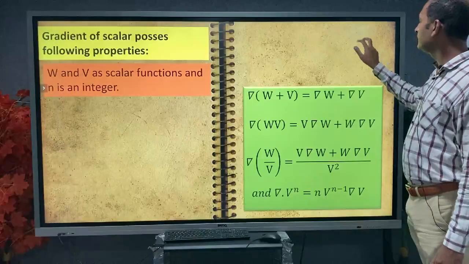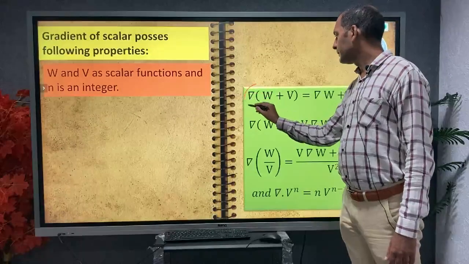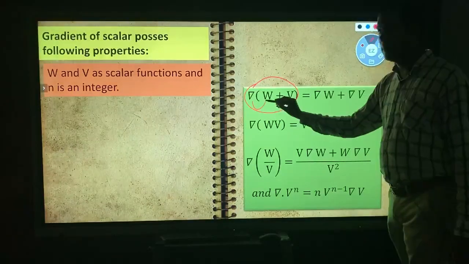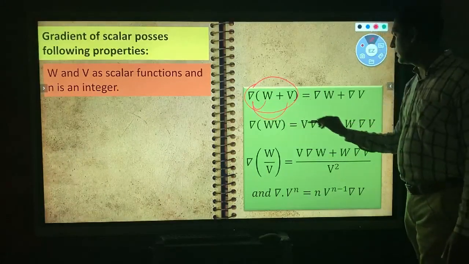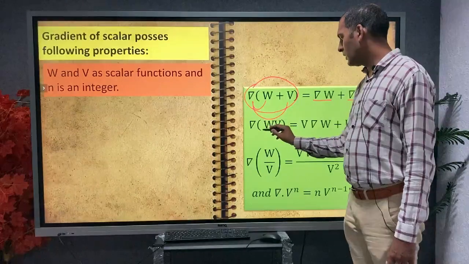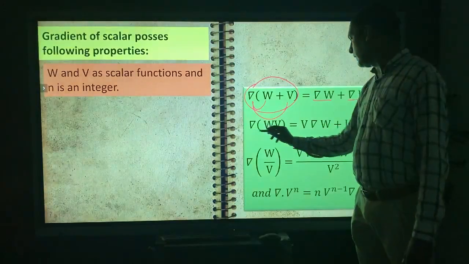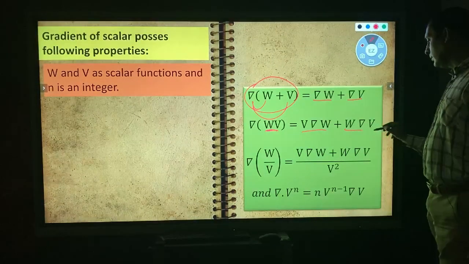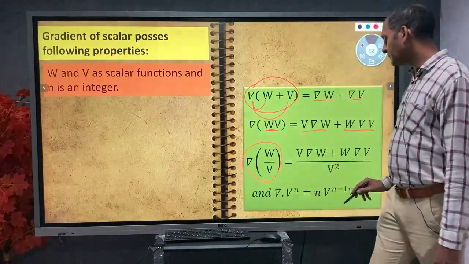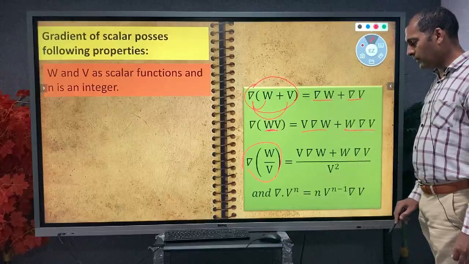The first one: del of W plus V will be equal to, now this del will be multiplied with this one, and again this del will be multiplied with this one, so we will get del W plus del V. Similarly, if there is a product W V, we can have V del W plus W del V. If there is a division, it will become V del W minus W del V by V square.